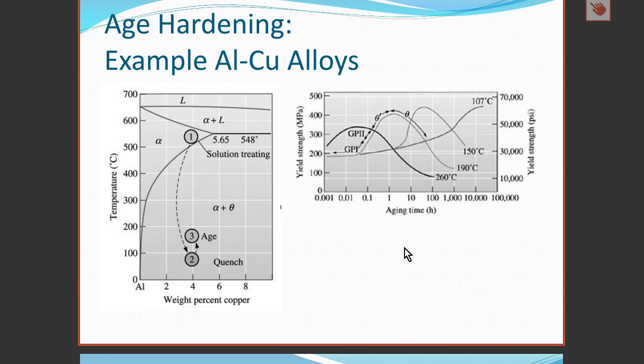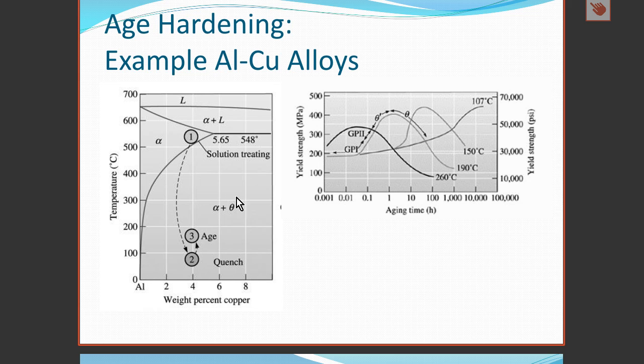Let's see how this is applied to produce age-hardenable alloys, which are common in non-ferrous alloys. Let's look at the example of aluminum-copper alloys that we discussed earlier. The way they are manufactured is that, for instance, we would produce an alloy with a nominal composition of 4% copper.